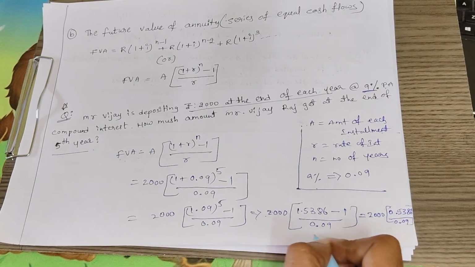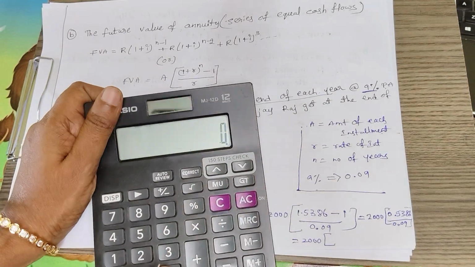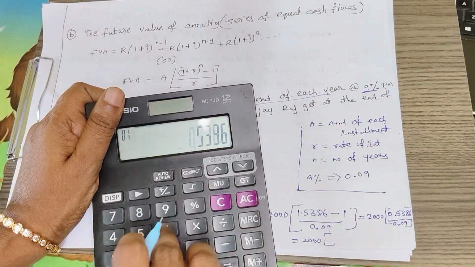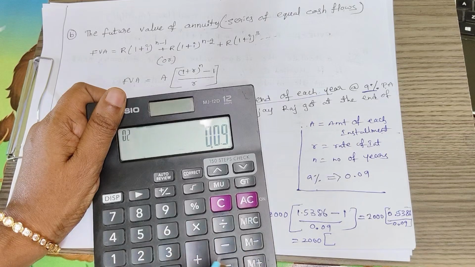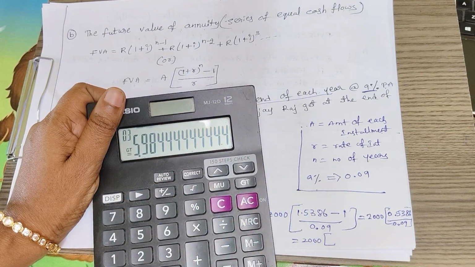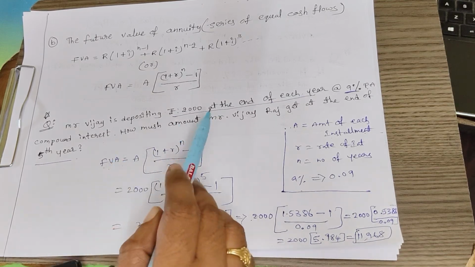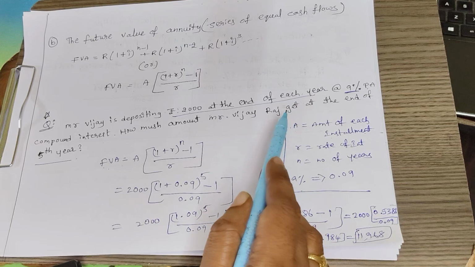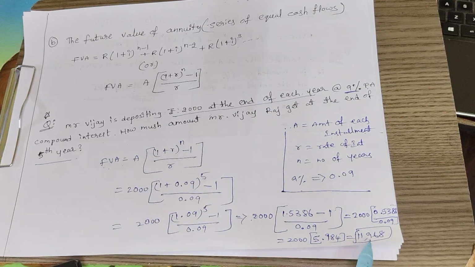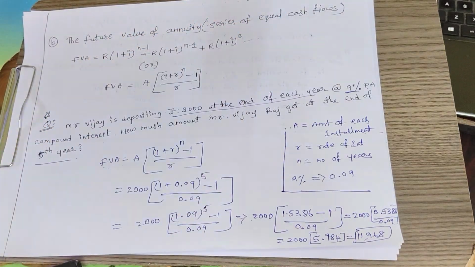Then 2000 into 0.5386 divided by 0.09. How much? 5.98. So 5.984 multiplied with 2000, then you will get 11,968. What is this amount? This is the future value of annuity. If you are investing 2000 at the end of every year, after the 5th year you will get 11,968 rupees. So this is the calculation process for a series of equal cash flows.